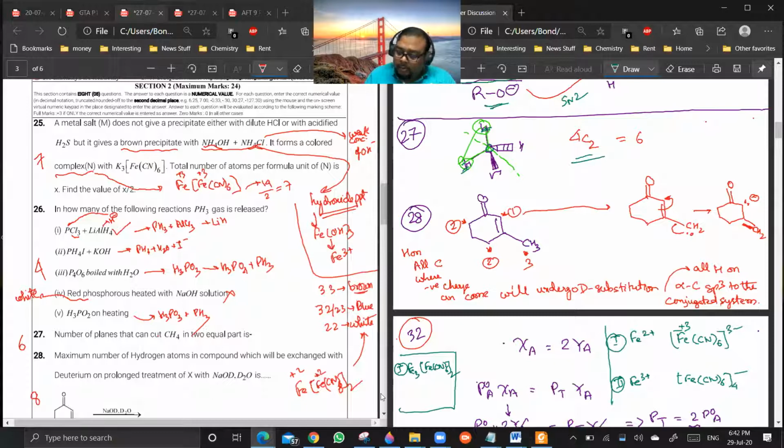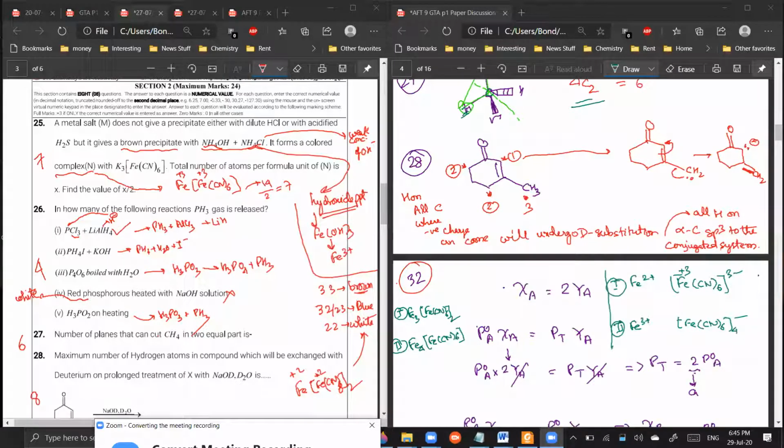What is the Prussian blue complex? 4 will come here and 3 will come here, so it will be Fe4[Fe(CN)6]3.